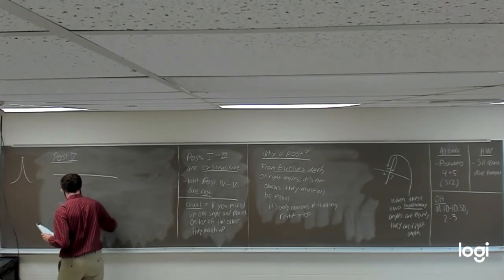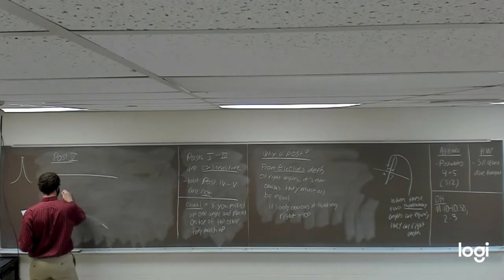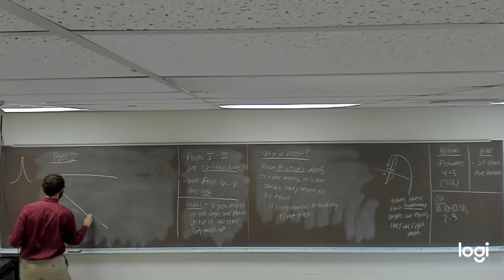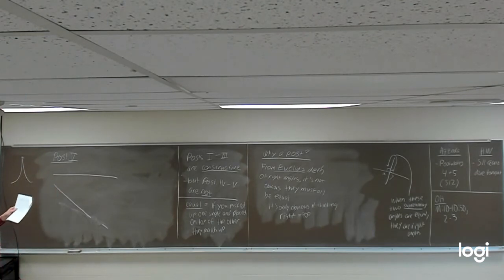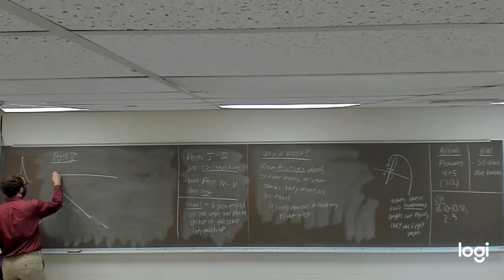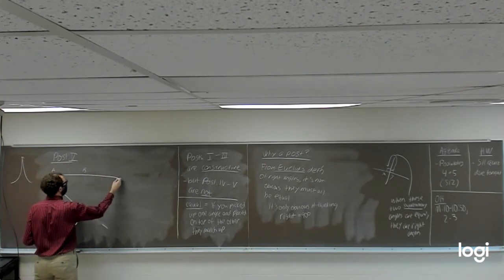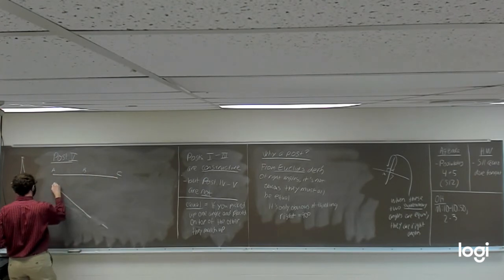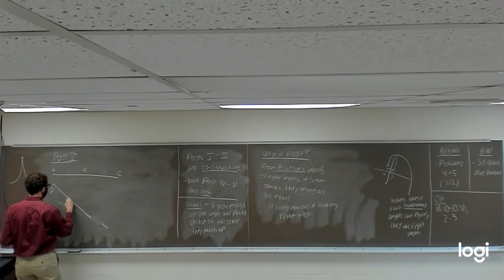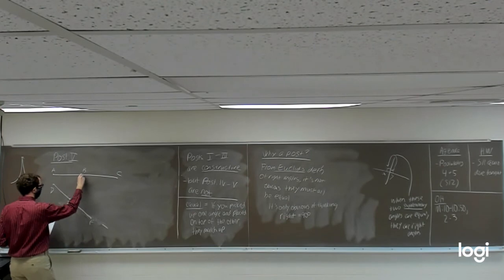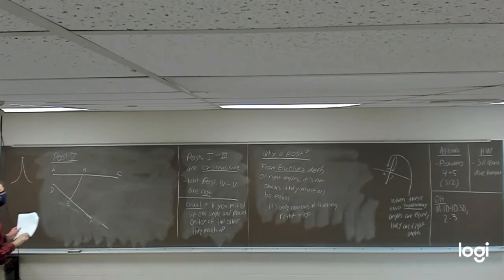Make it steeper. So here, we're going to have 2 straight lines. I'm going to mark some points here. This is going to be our point A, point B, point C, point D, point E, point F. So here, we have a straight line falling on 2 straight lines.